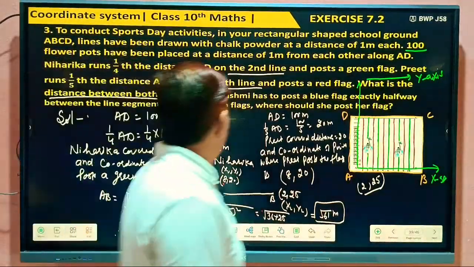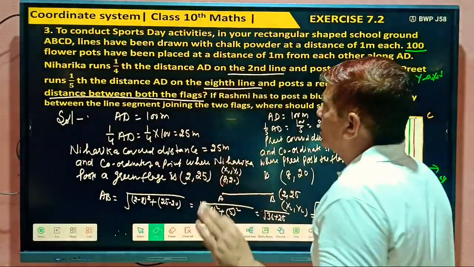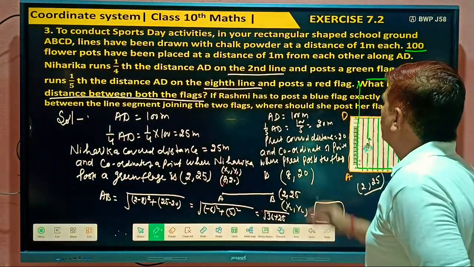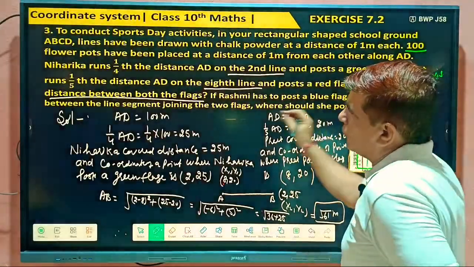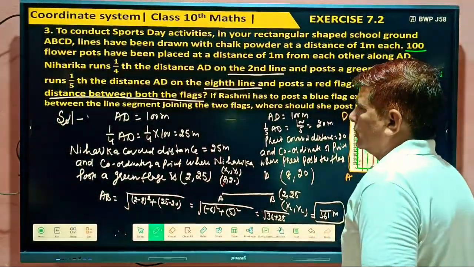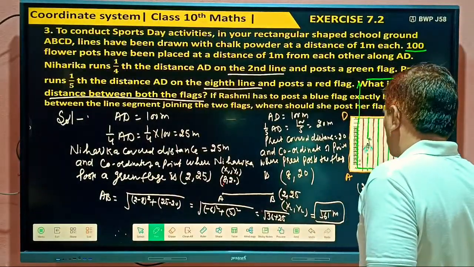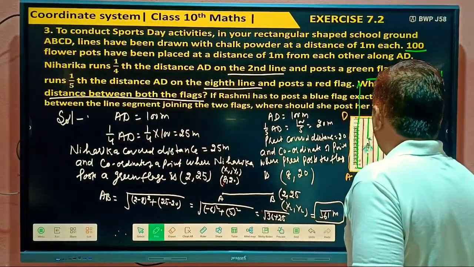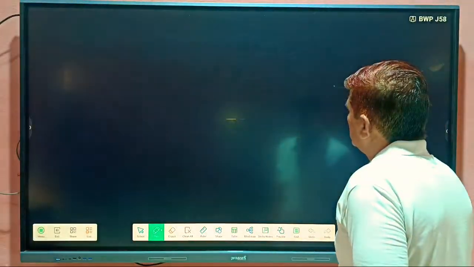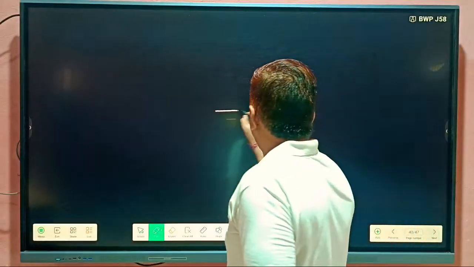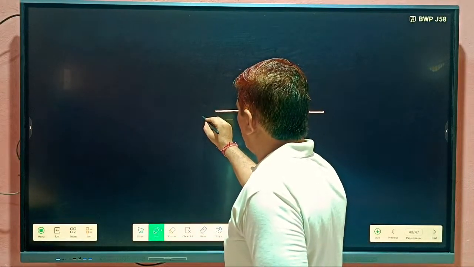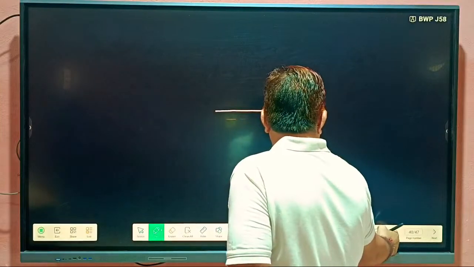So what thing we have to find out? So this I told you. Then one more thing is given. If Rasmi has posted a blue flag exactly halfway between the line segments joining these 2 points. So again question coming. This is a line. One girl is here. What's her name? Niharika.